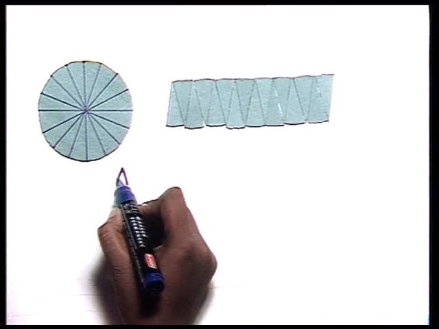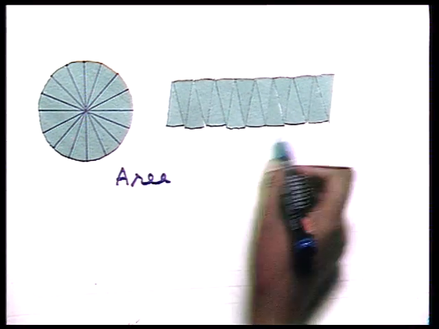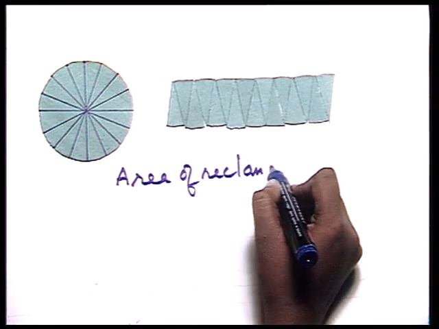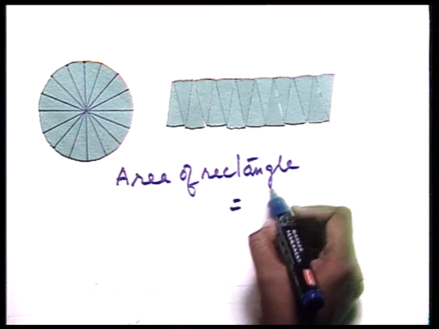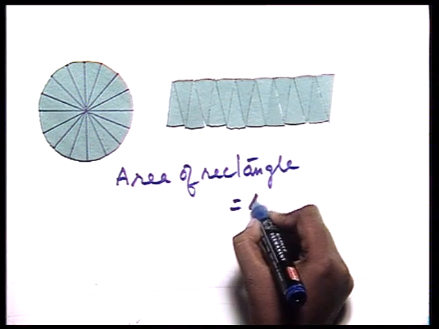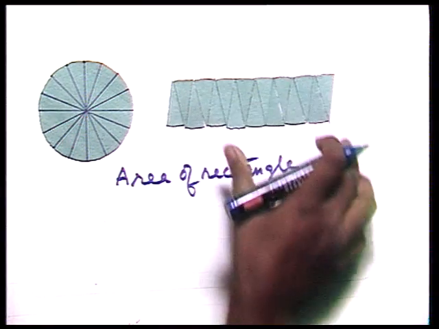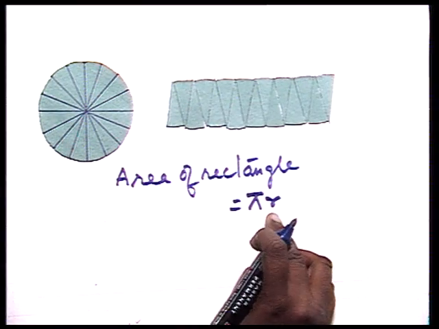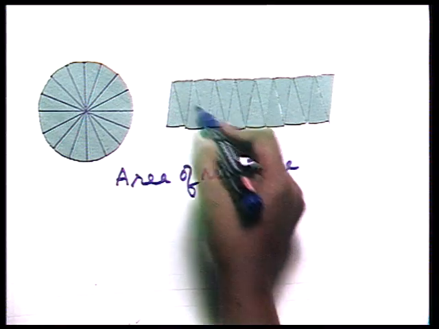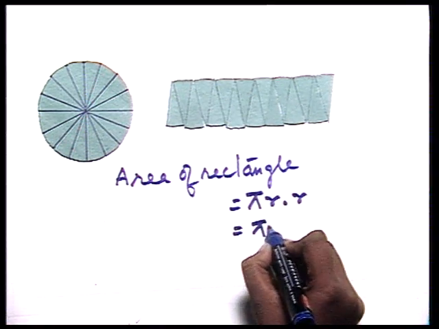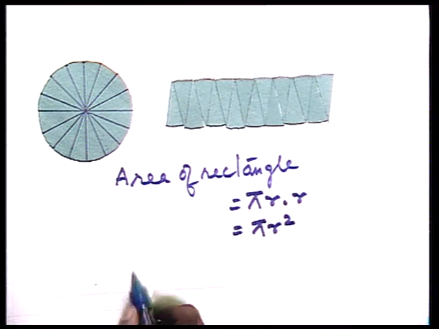So, the area of this rectangle will be equal to half the circumference of the circle, which is pi r, because 2 pi r is the total circumference, multiplied by the radius of the circle r, that is equal to pi r square.